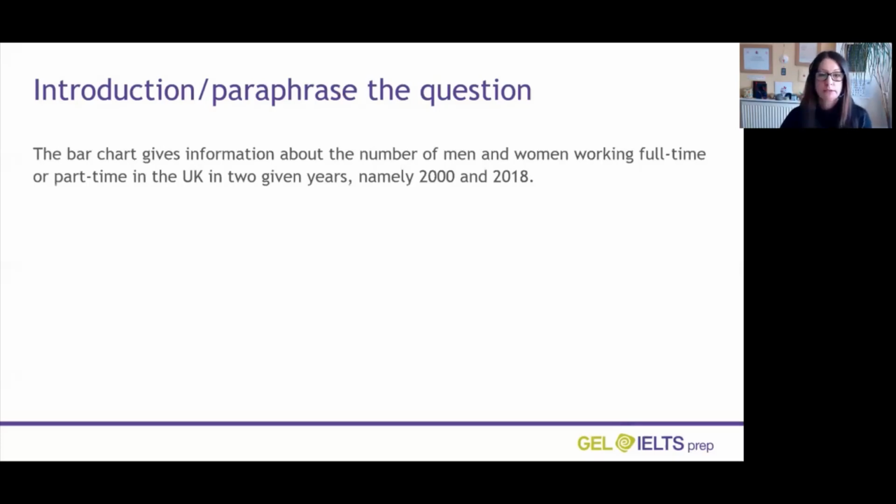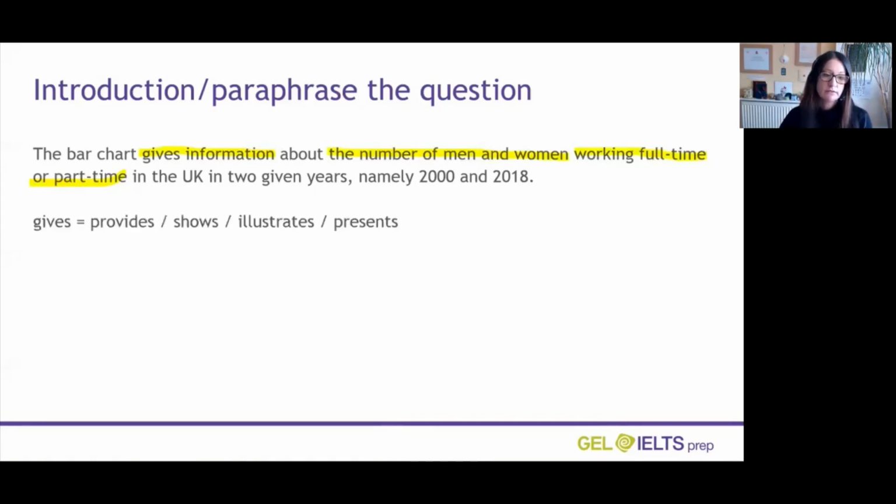I think potentially we want to find a new verb instead of gives information. Maybe the number of men and women, we could probably find a paraphrase for that section. And we could probably find also working full-time or part-time. We could think about paraphrasing other words as well, but let's concentrate on these for now.